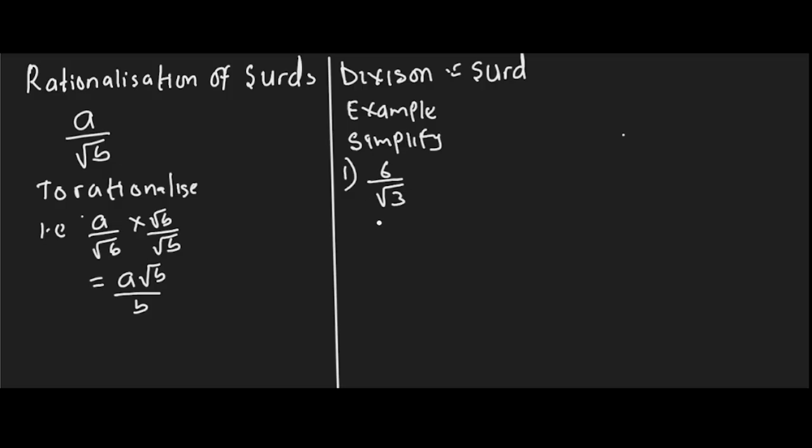In this case, to simplify this, we are going to rationalize this. That is, we are going to multiply the numerator and denominator by root 3, because the denominator here is a surd, and to rationalize means we must remove this surd from the denominator. How do we do that? By multiplying the numerator and denominator by root 3. This is going to give us 6 root 3. Root 3 times root 3 will give us 3, and that's going to give us 2 root 3.